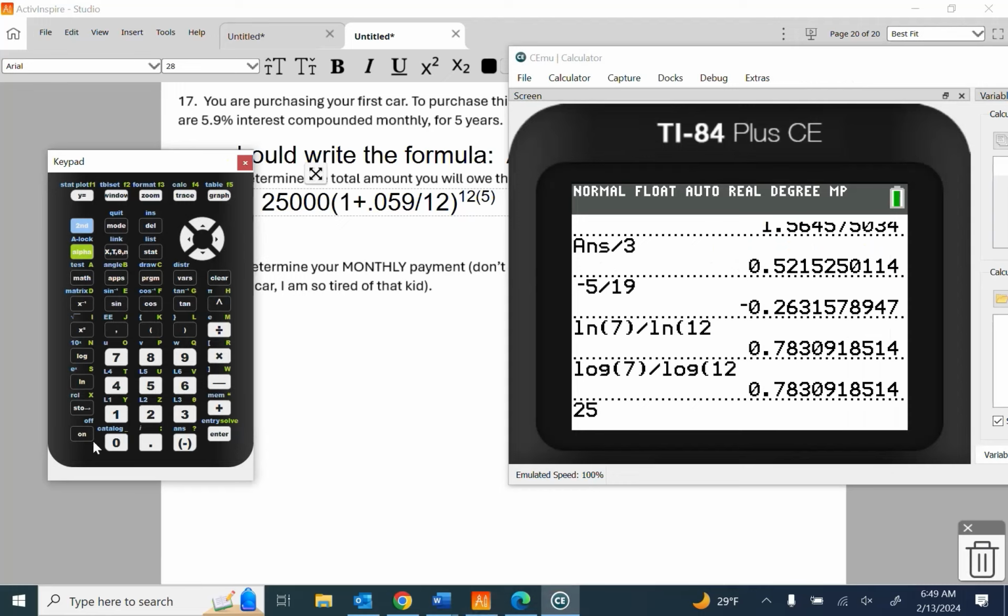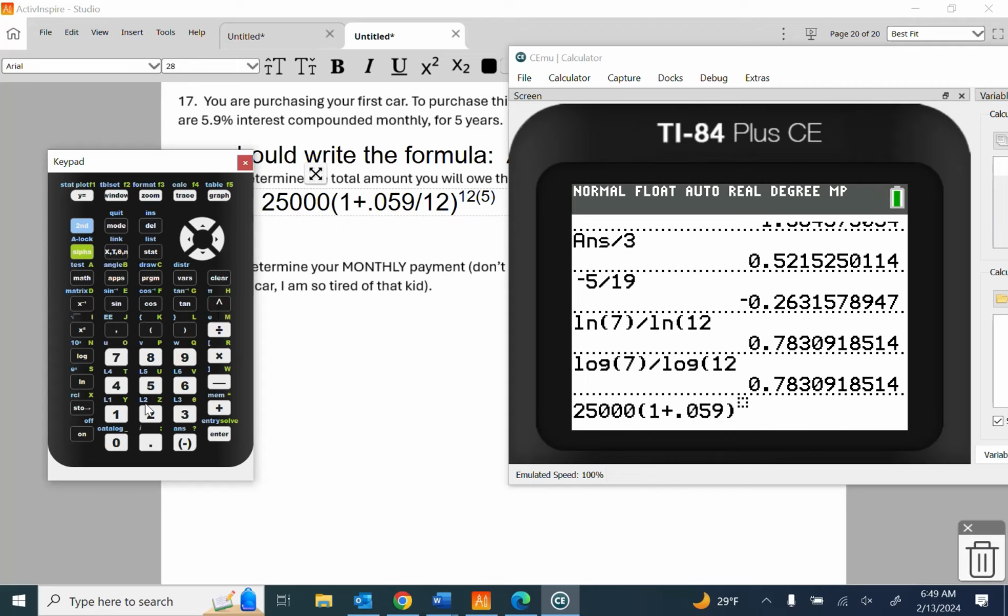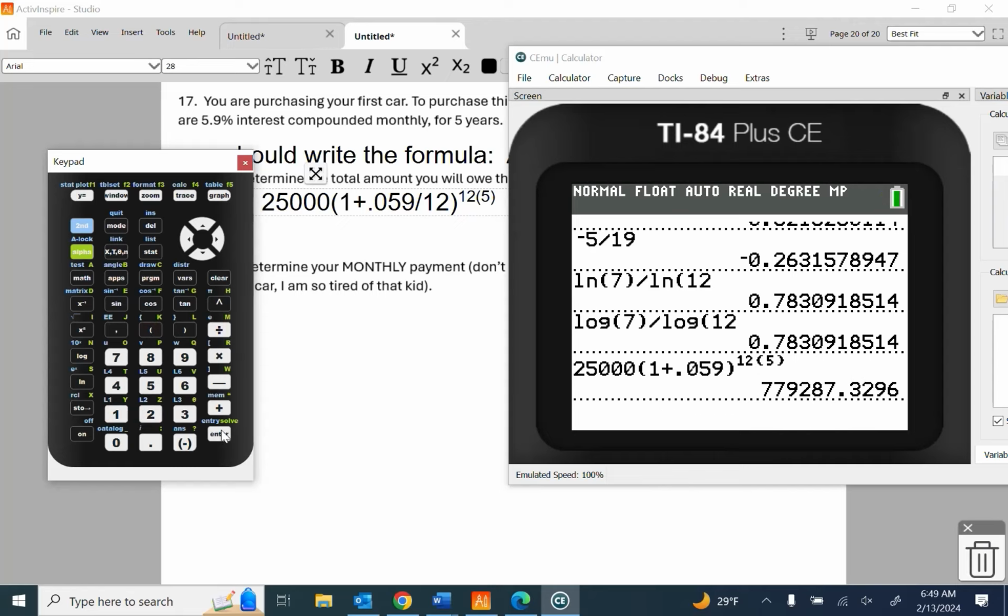So I take my 25,000 times 1 plus 0.059. Close the parentheses. And if I don't know what 12 times 5 is, it ain't no problem. The TI-84 can do it. Oh, I screwed up, didn't I? Let me redo that.